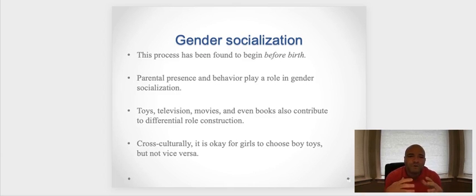So when mothers find out the sex of their baby, and they find out that the baby is male and has a penis, they start behaving one way. And when different mothers find out that the baby is sexed female, has a vagina, they start behaving a different way.